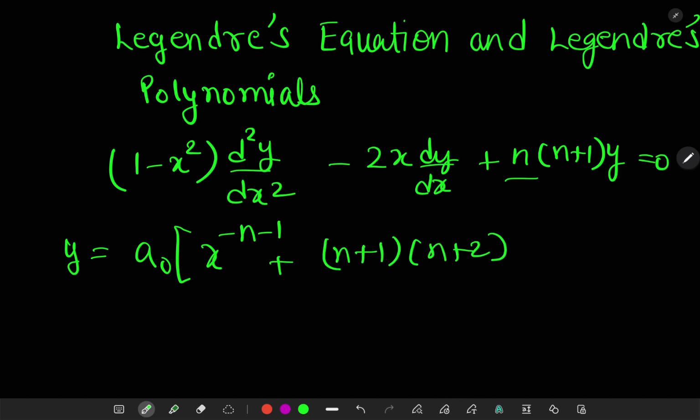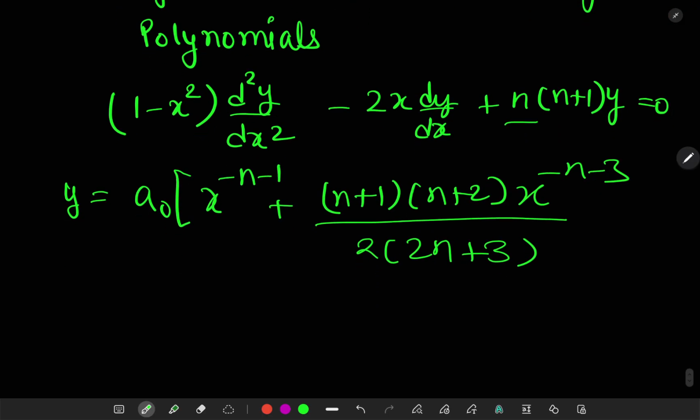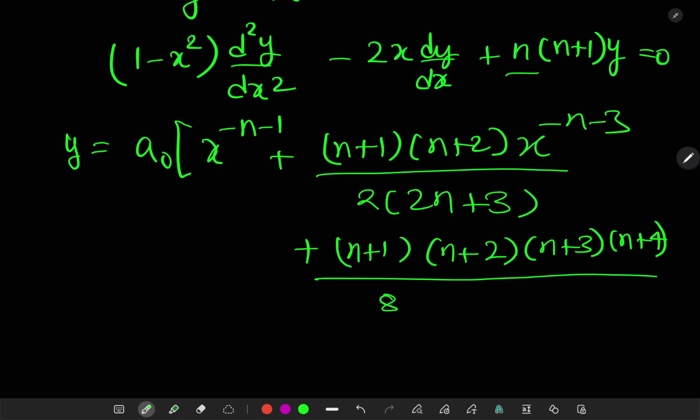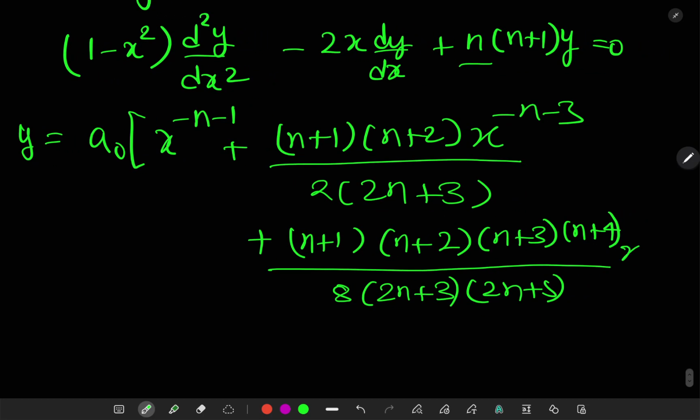This y is equal to a naught into x raised to power minus n minus 1, plus (n plus 1)(n plus 2) x raised to power minus n minus 3 divided by 2(2n plus 3), plus (n plus 1)(n plus 3)(n plus 4) x raised to power minus n minus 5, and so on.